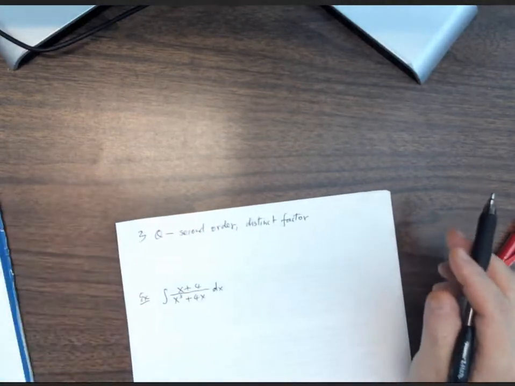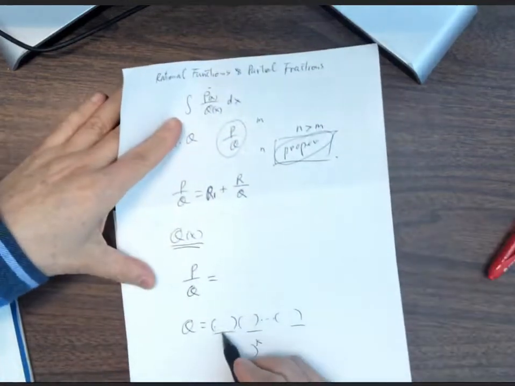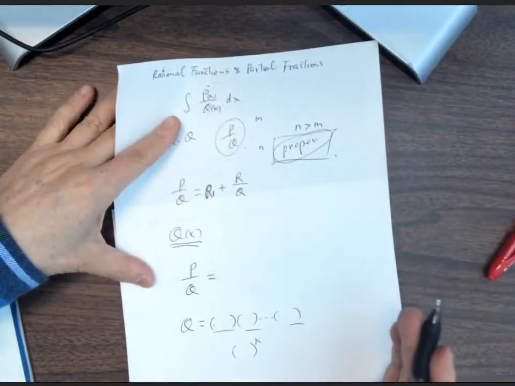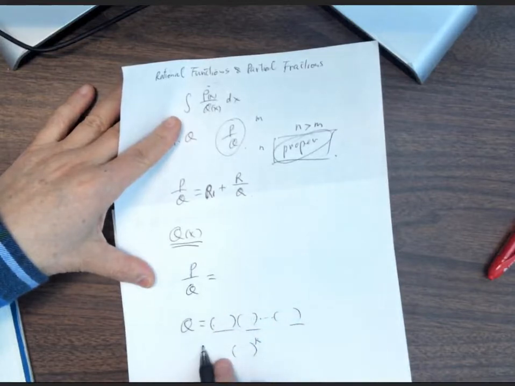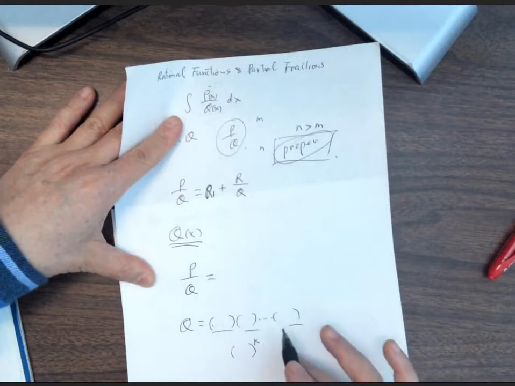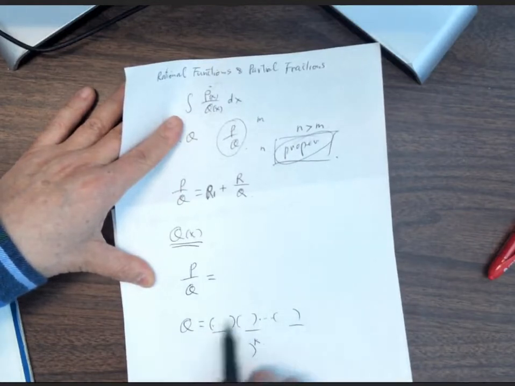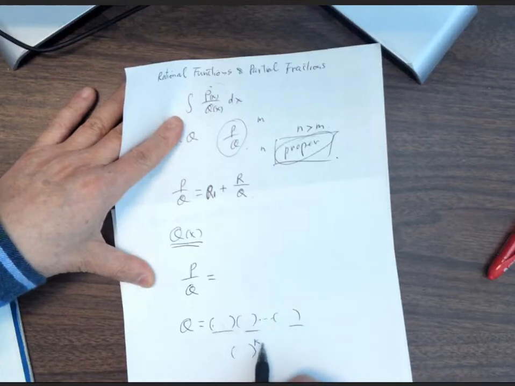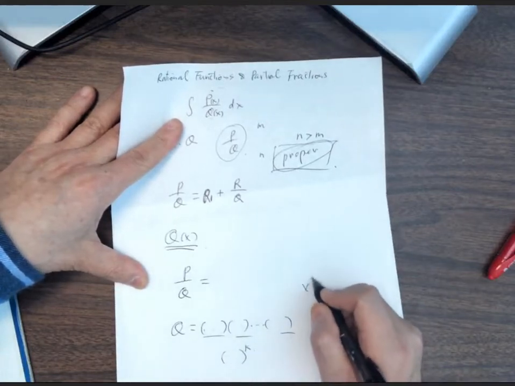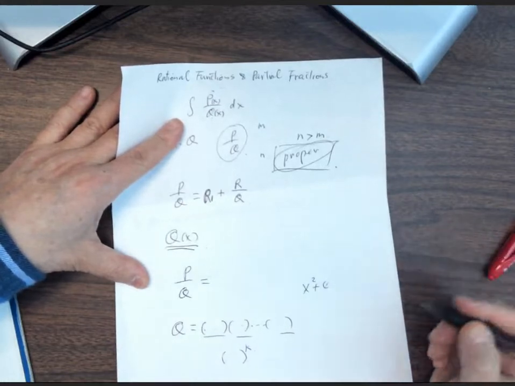Remember again, any polynomial can be factored into first order, second order. The first order can be distinct, non-repeating, case 1, or repeating, case 2. It's possible we see a second order factor, irreducible second order factor, like x squared plus 4, cannot factor anymore.